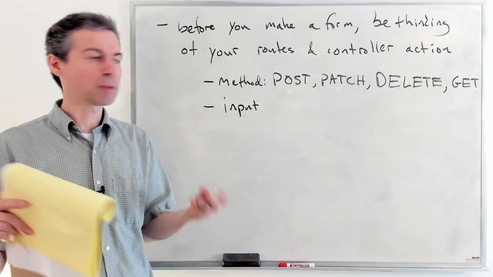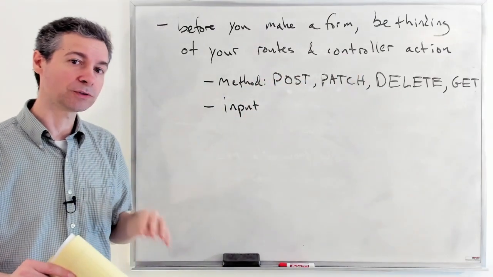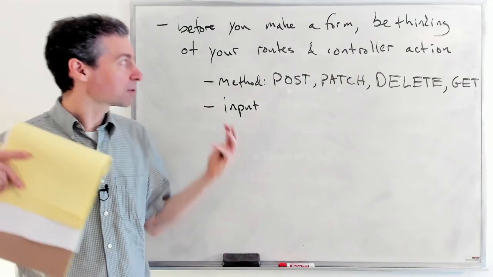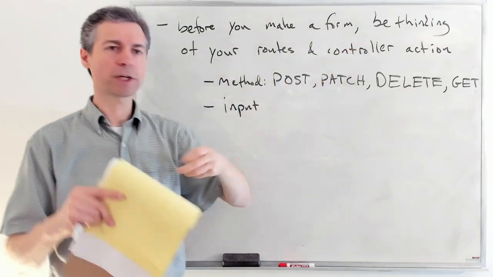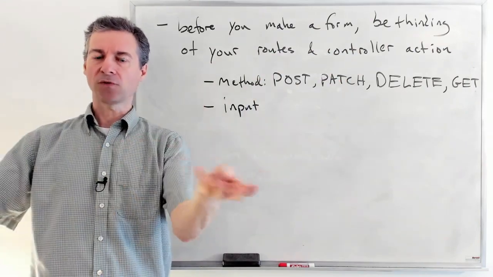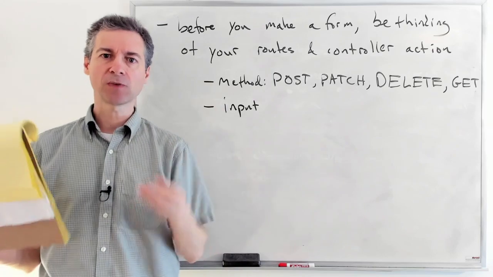I know what they're going to be, and I personally like to write the controller first, because I'm going to be thinking, well, this is my route, this is my method, I've got it tied to this controller action. I expect to receive the following things in from my form. I expect them to be named the following things.